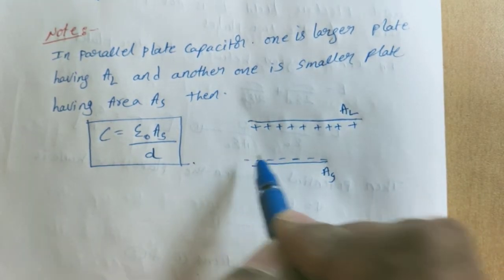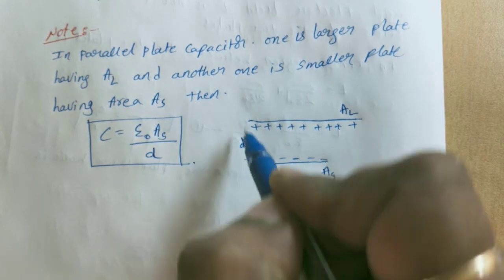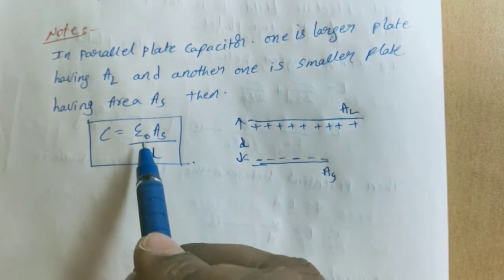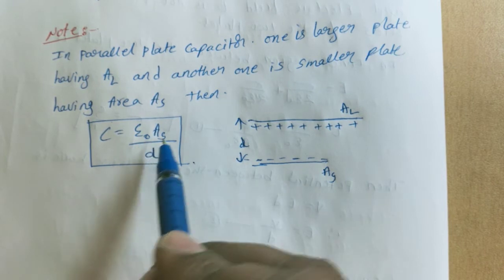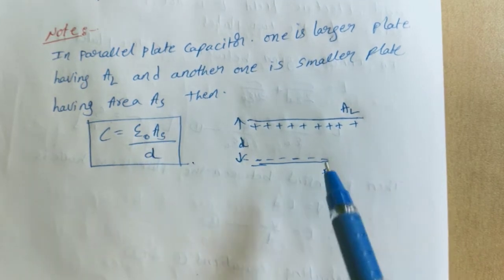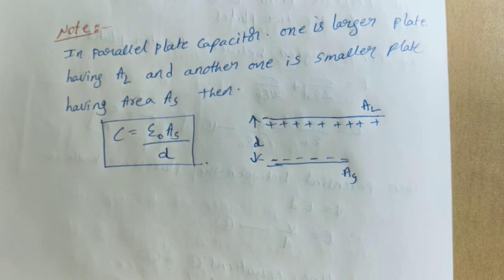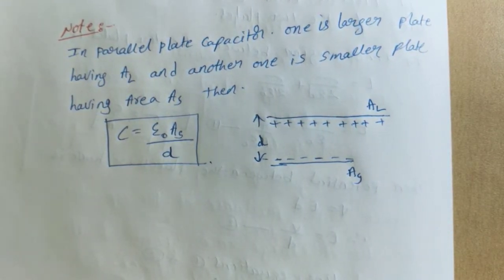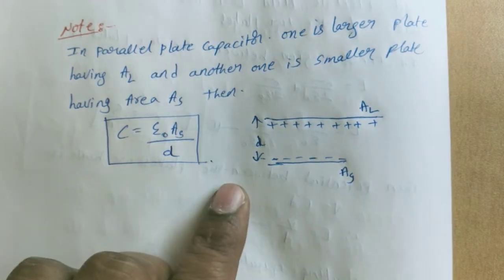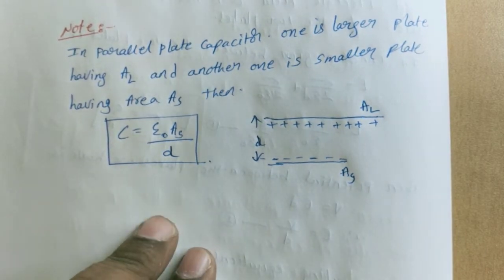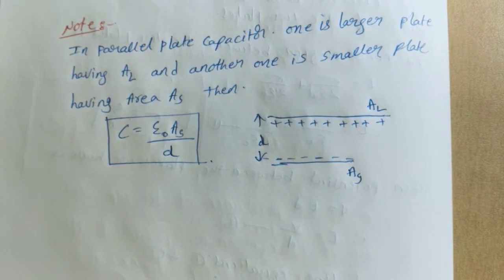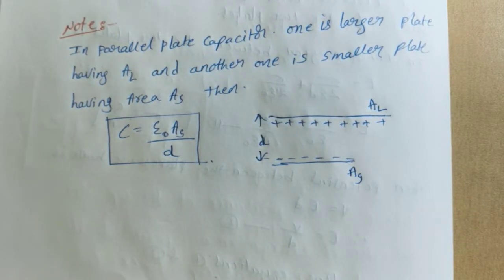Now the capacitance developed between these two we can represent as C is equal to epsilon naught into AS by D. Here, which area do we prefer? We choose the one with the least surface area value. So in this situation C is equal to epsilon naught AS divided by D. The large area value does not enter the formula.